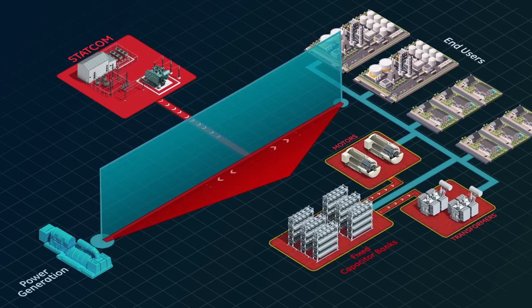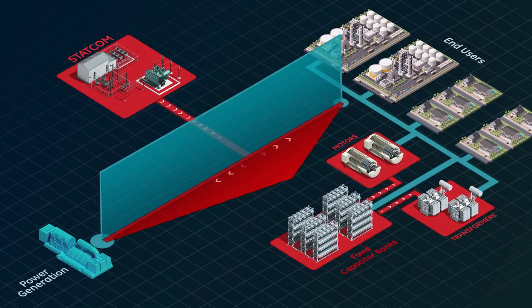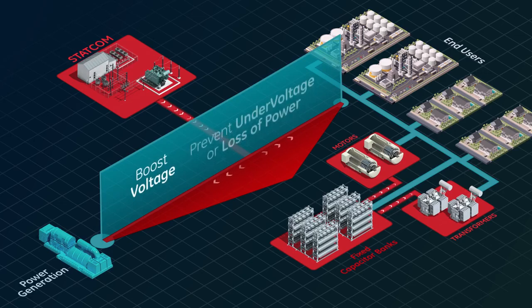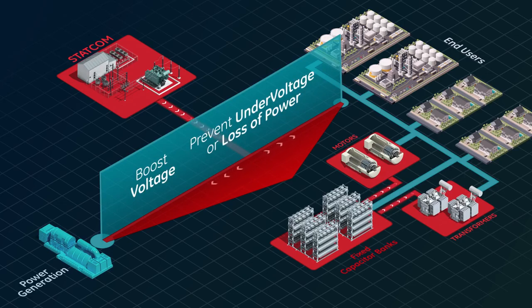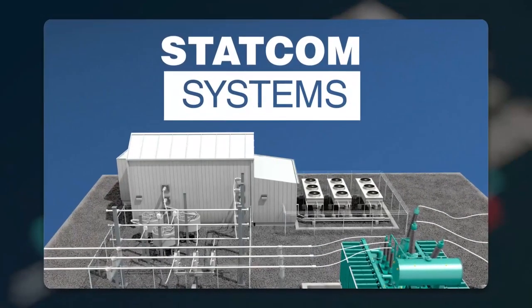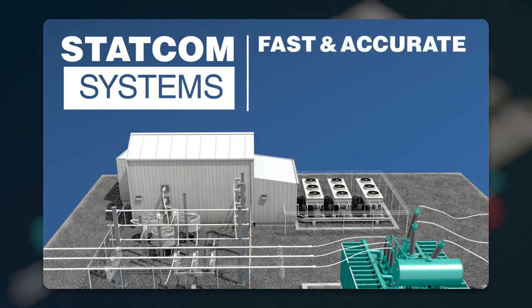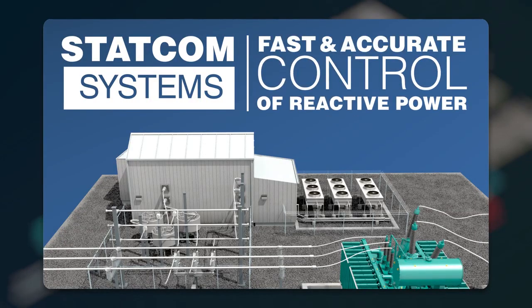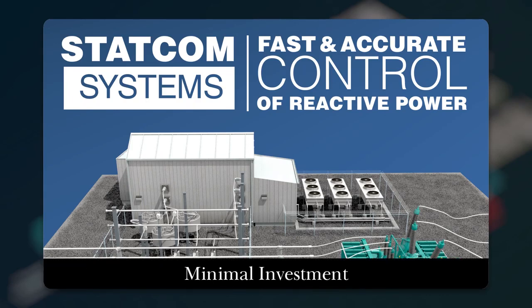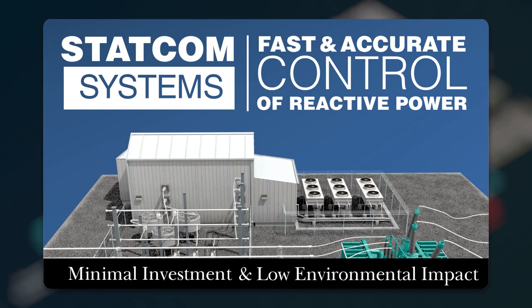The Statcom again responds rapidly, dynamically supplying the necessary reactive power to boost voltage and prevent undervoltage conditions or complete loss of power. With Statcom systems, grid operators gain fast, accurate control of the reactive power network, all with minimal infrastructure investment and low environmental impact.